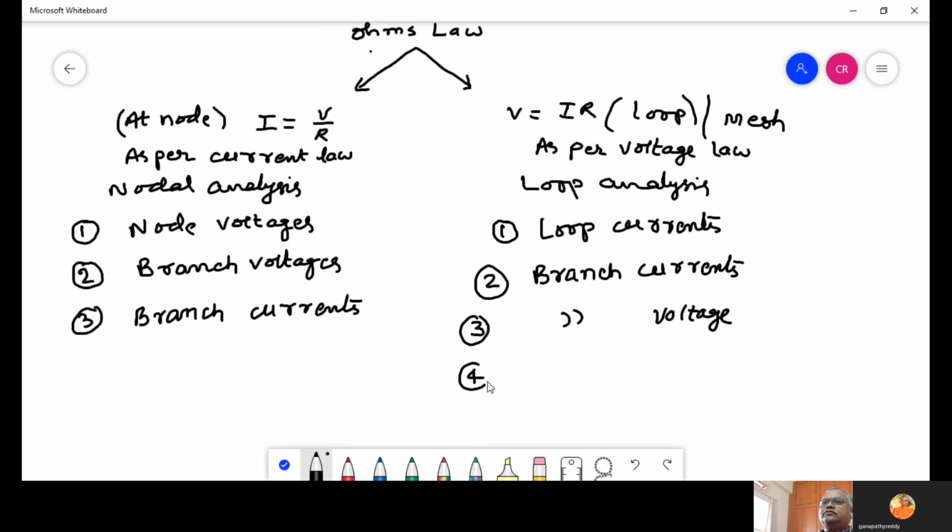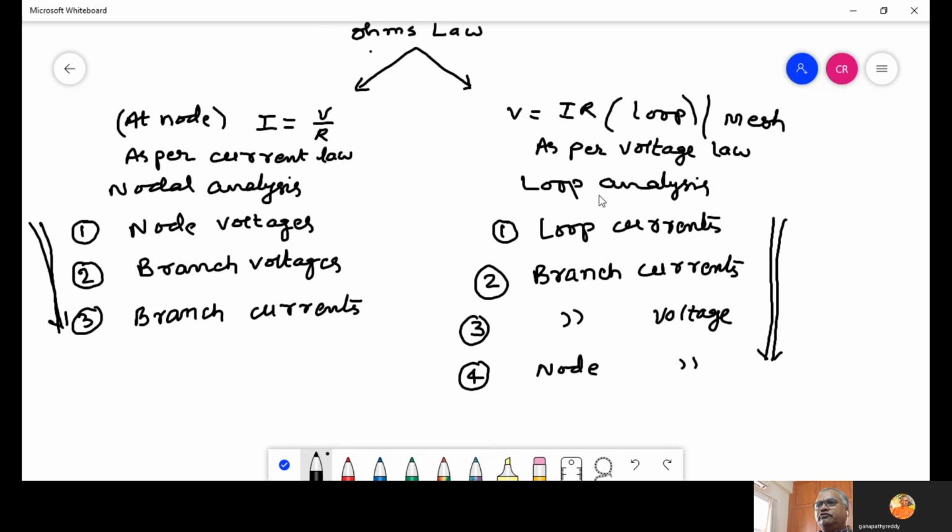From the branch voltage, you can find the node voltage. So this is the order. In nodal analysis, this is the order. But here 4 steps are there, here 3 are there.